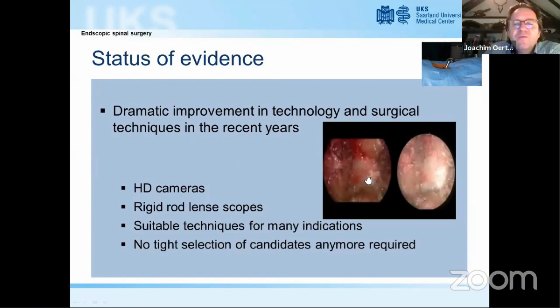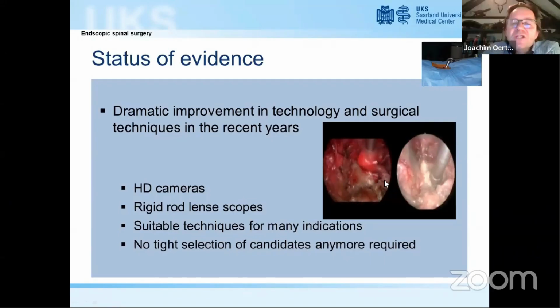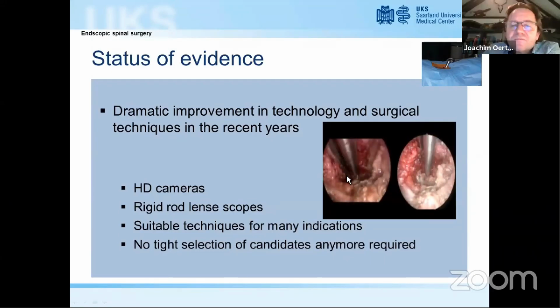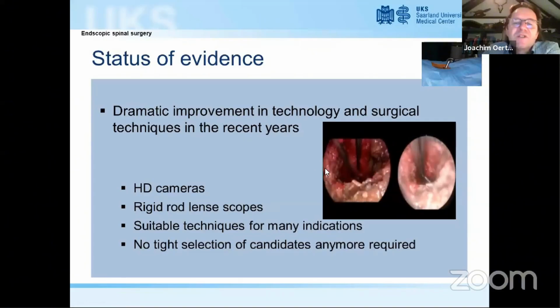You see here, for example, a definition system. You see that the information you gain just from the image is much, much better with the HD camera system. And now we have 4K, which is even better.